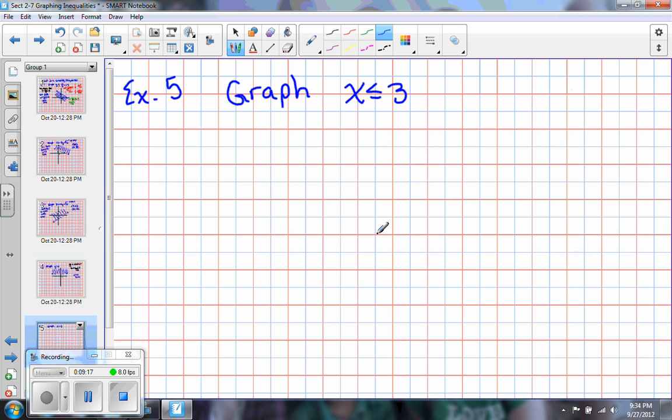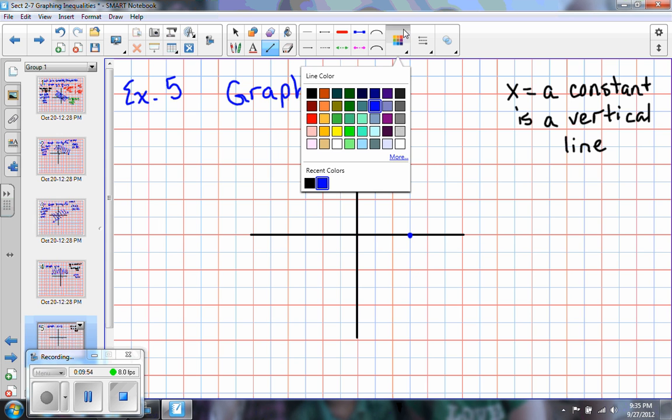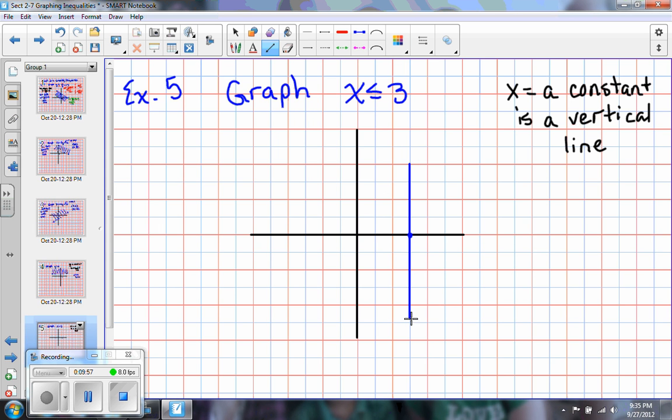In our last example, and hopefully you know what kind of line this is, remember that x equals a constant. It's a vertical line. So I'm going to mark the spot for 3. Now this time, because it's less than or equal to, we're going to have a solid line, and it has to go through 3.